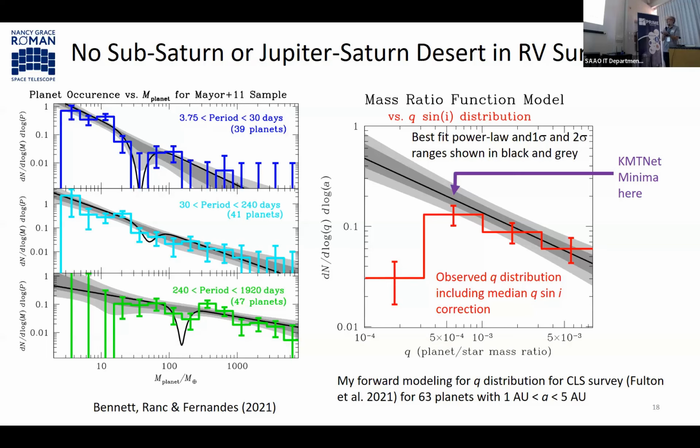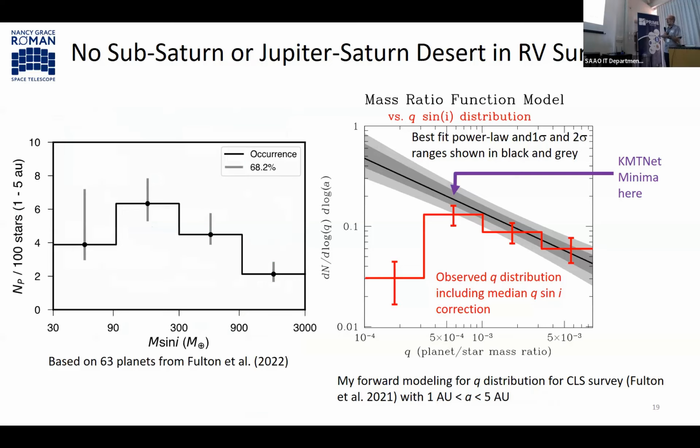And then this is a comparison to the California Legacy Survey. It also shows a large value at this mass ratio between that of Saturn and Jupiter. There's a similar plot in the Fulton et al. paper, based on 63 planets at 1 to 5 AU.